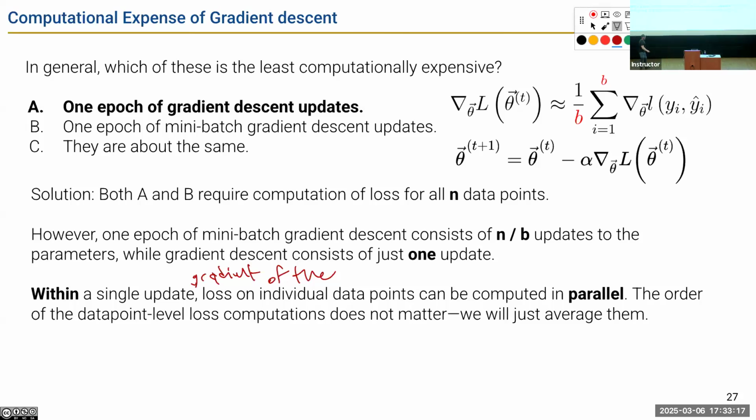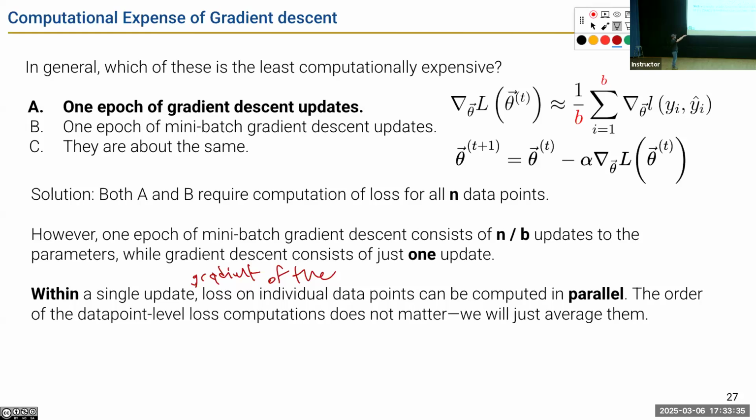Why is that? We're just going to take an average. These gradient of the loss computations don't depend on one another. I can compute those for all n data points in parallel, and so I can speed things up within an update.